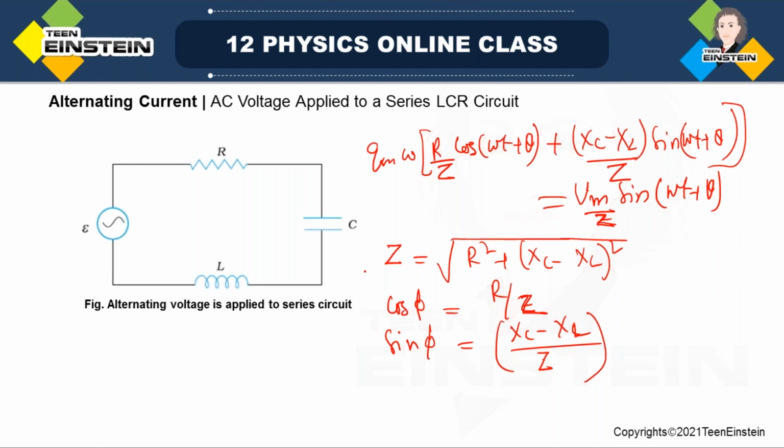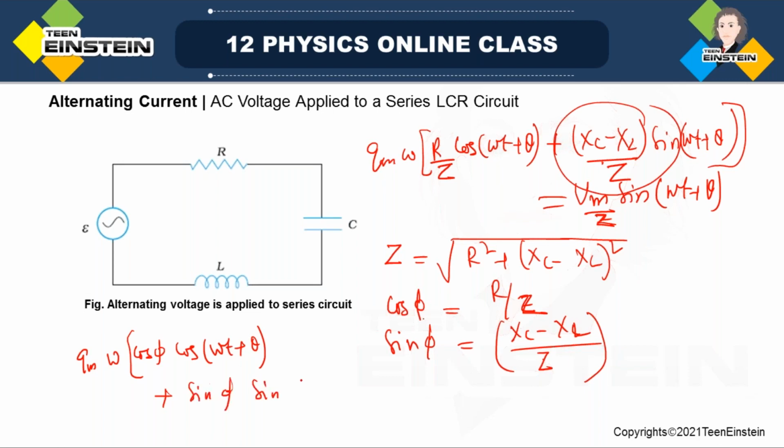So dividing both sides by z, r by z is cos phi. So you will get Qm omega, cos phi into cos of (omega t plus theta), and here this term will be sine phi, and this will be sine of (omega t plus theta).